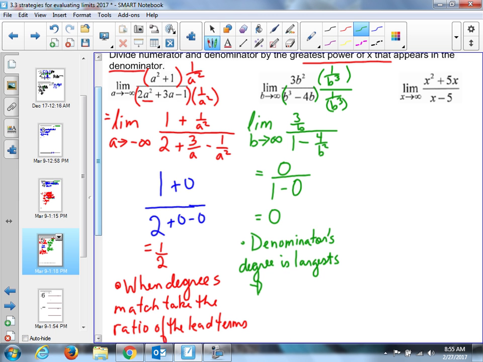That means it's going to give you a 0. It's going to have a 0 horizontal asymptote. Okay?